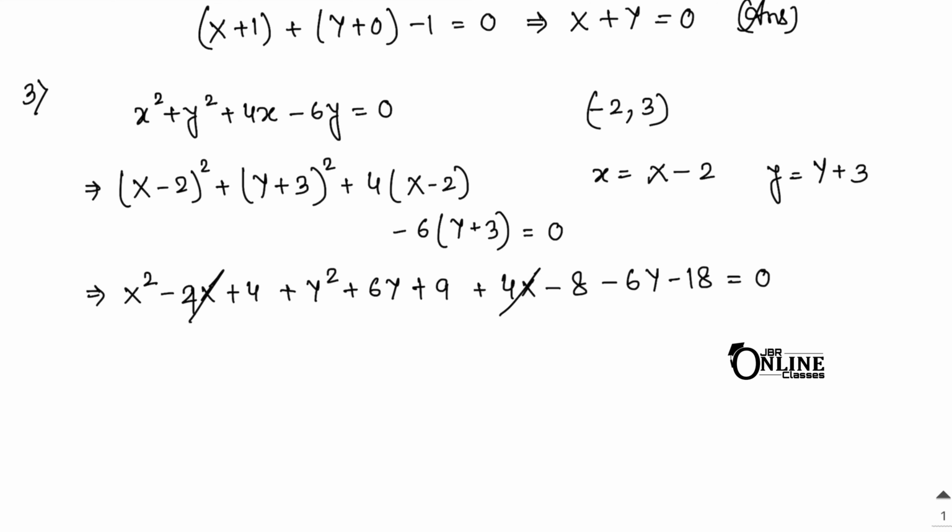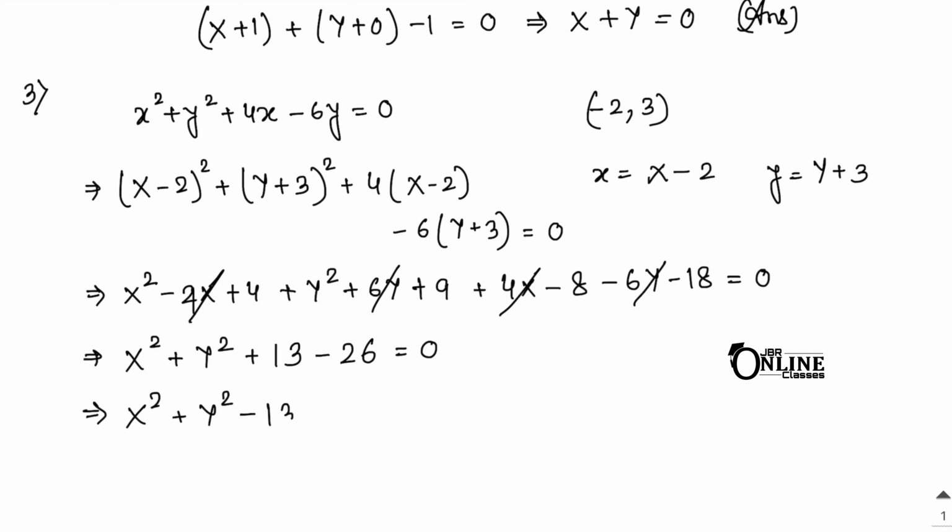So 4X cancels out, 6Y cancels out, that means capital X square plus Y square. Now 9 plus 4 is 13, and minus 8 and minus 18 is minus 26, equals 0. So your final answer is capital X square plus capital Y square minus 13 equals 0.